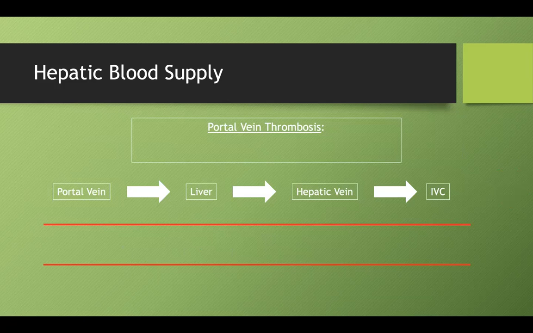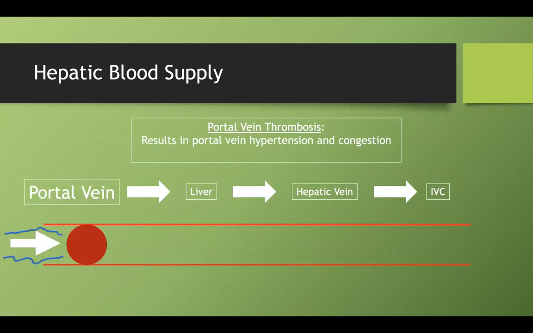Another thing I want to talk about, now that we've talked about Chiari syndrome and right heart failure, is portal vein thrombosis. Imagine if you have a thrombus in this region here. It's only going to cause portal vein hypertension and congestion. As you can see, if nothing's coming through, you're going to get a lot of backflow in the portal system directly. But it's important to realize that the liver is unaffected.